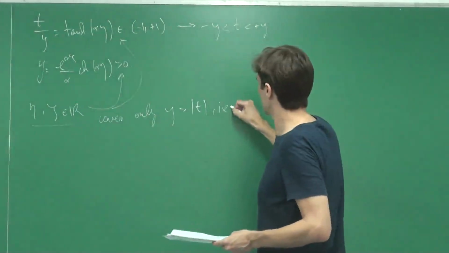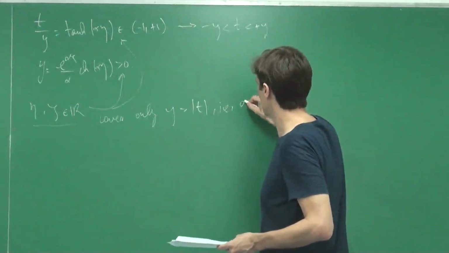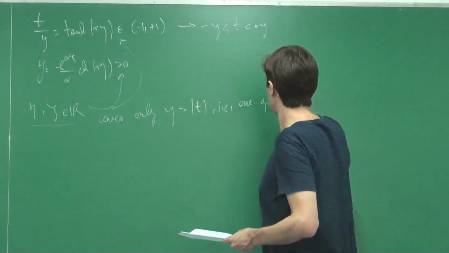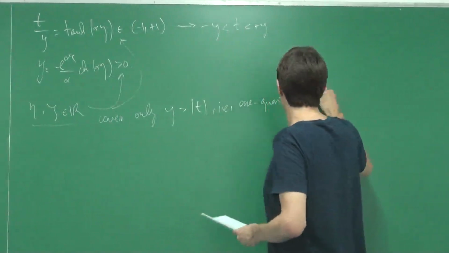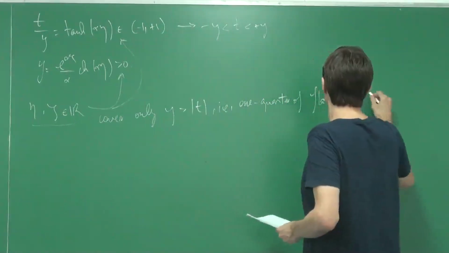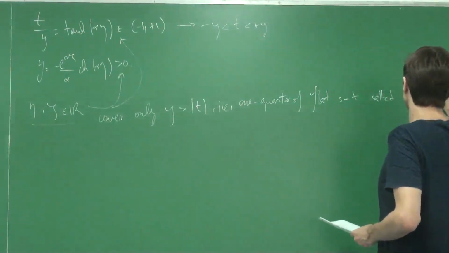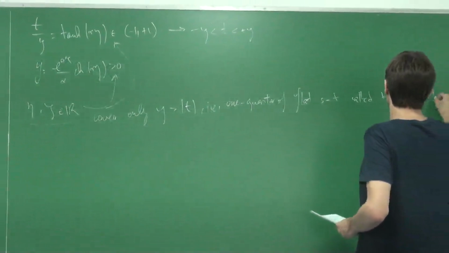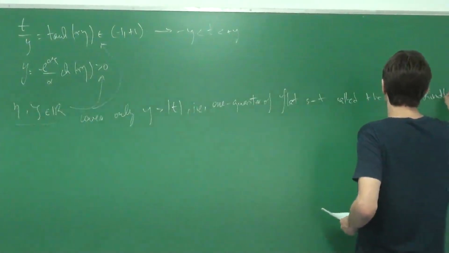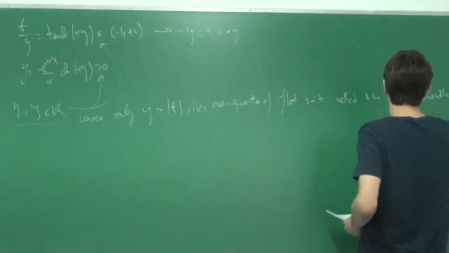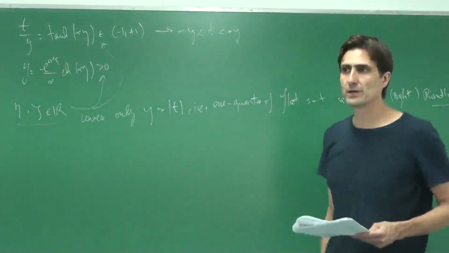This is 1/4 of flat spacetime, and it's called the right Rindler wedge.